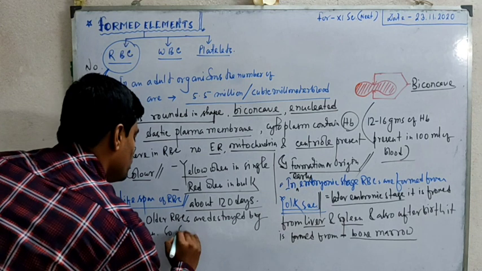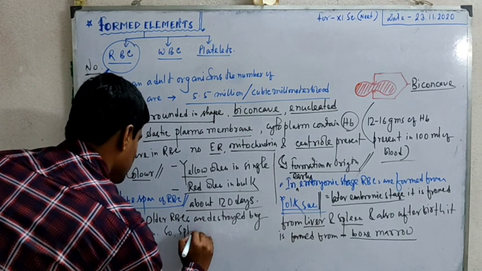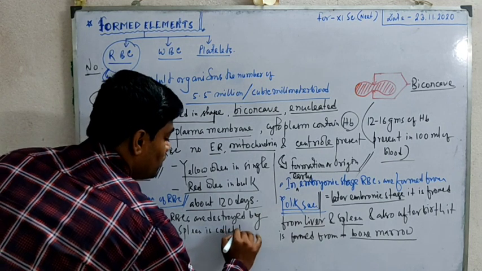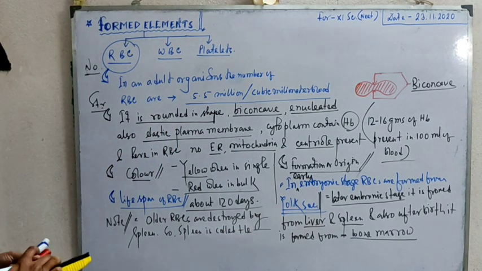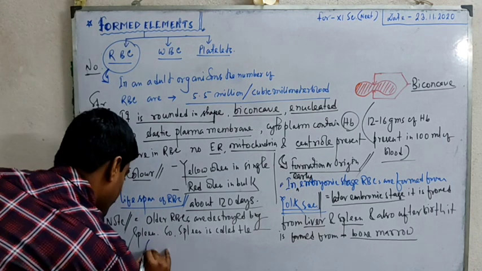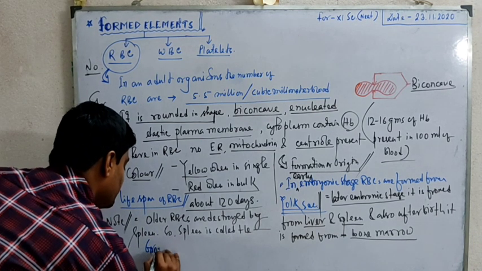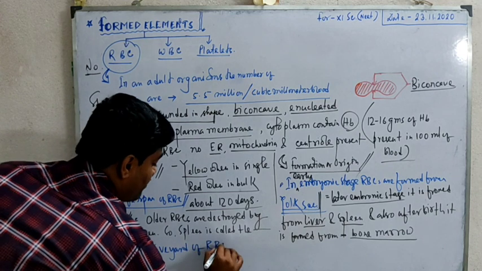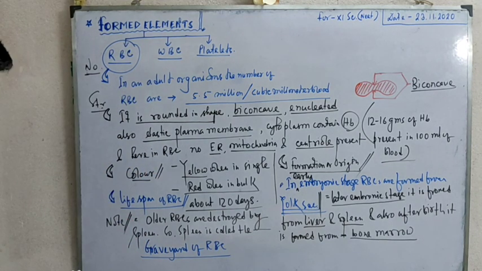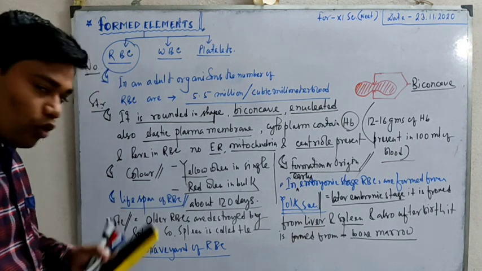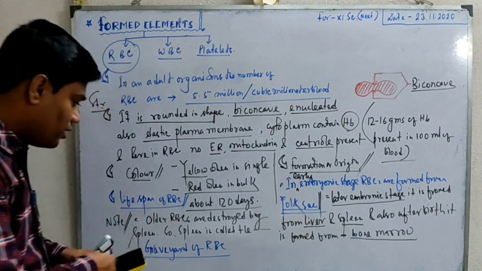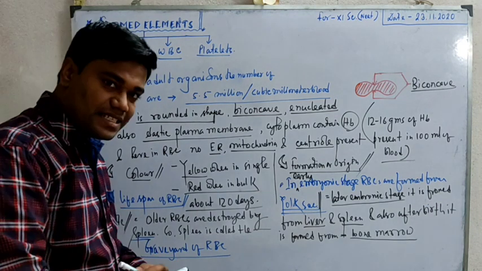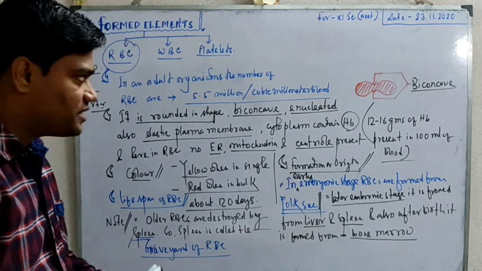So the spleen is called the graveyard of RBC. Clear? Lifespan is approximately 120 days, older RBCs are destroyed by the spleen, so the spleen is considered the graveyard of RBC.